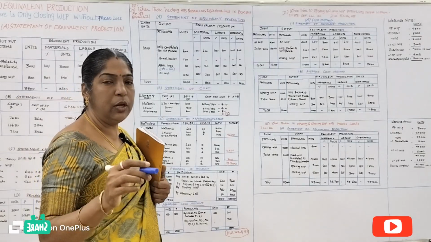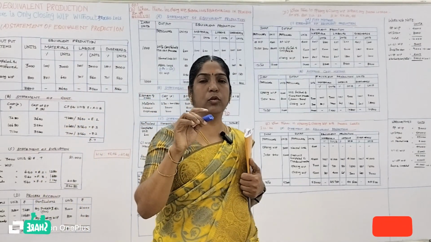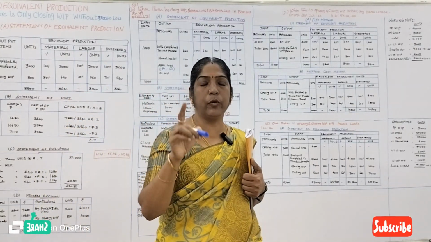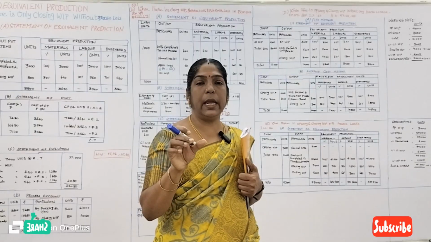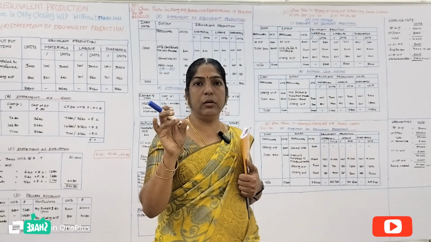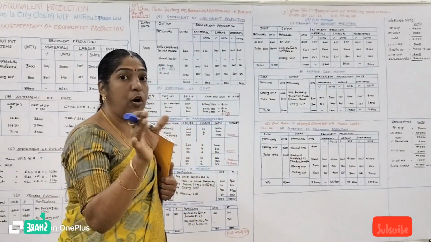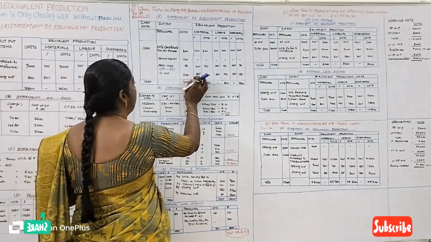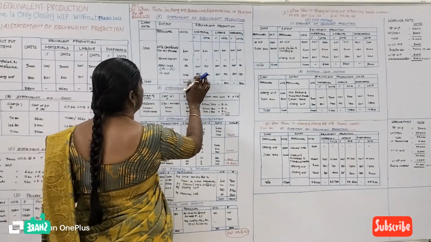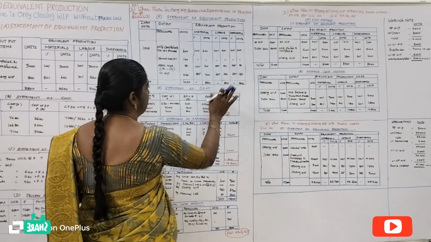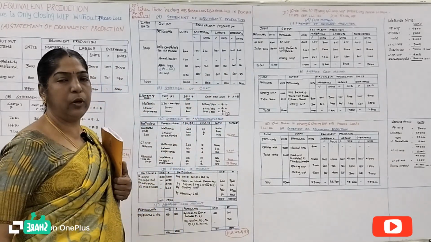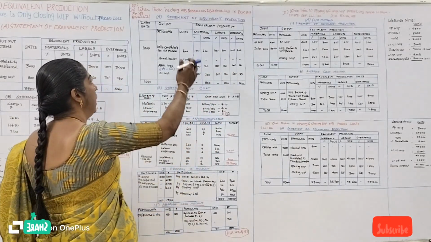Whenever you calculate the closing work in progress in equivalent production, you take the current degree of completion percentage, what they gave in the question, for each element. Now we are going to find out the total for equivalent production.